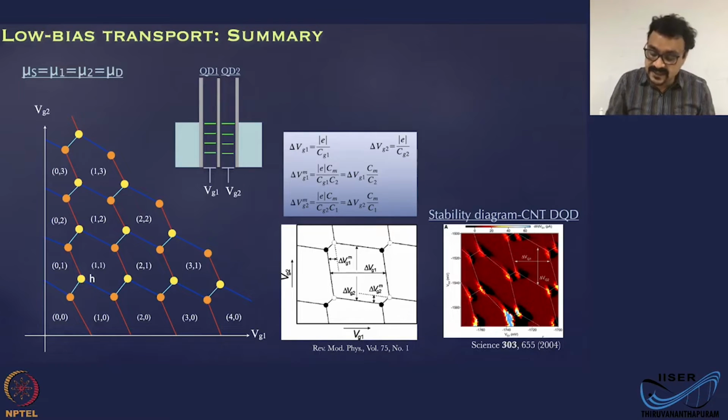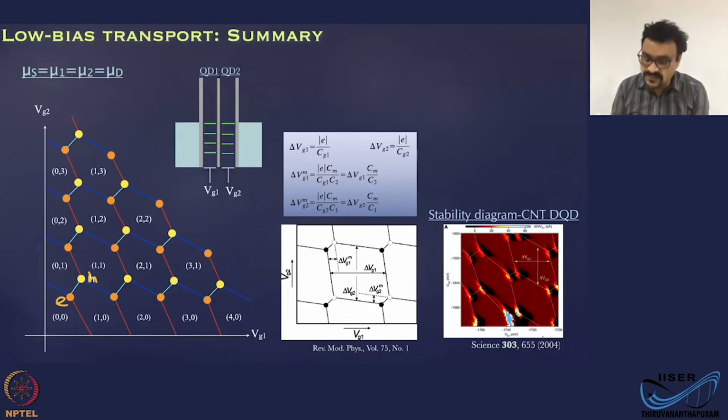Inside the hexagonal region, the charge is stable, or the charge cannot change, and the transport is blocked. The transport is allowed only at the corners of the hexagon. Those are the triple points. You have the electron triple point and the hole triple point. Triple point means 3 charge configurations are degenerate.